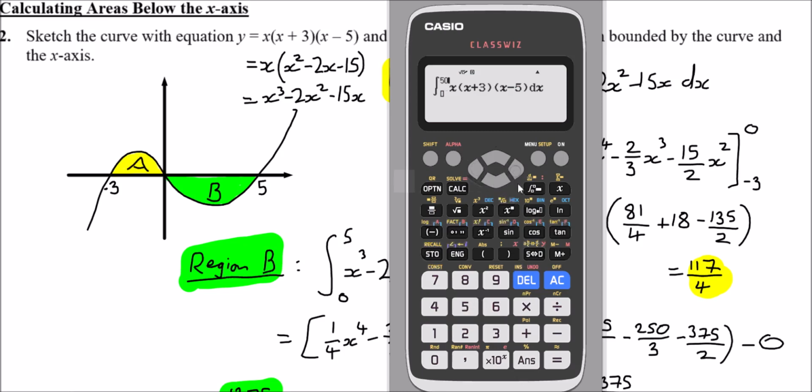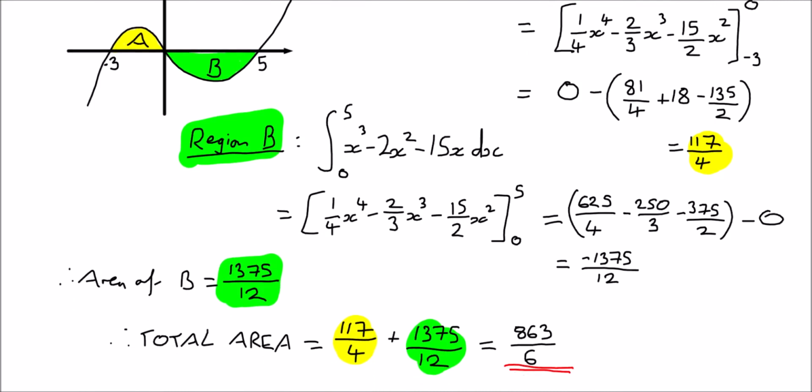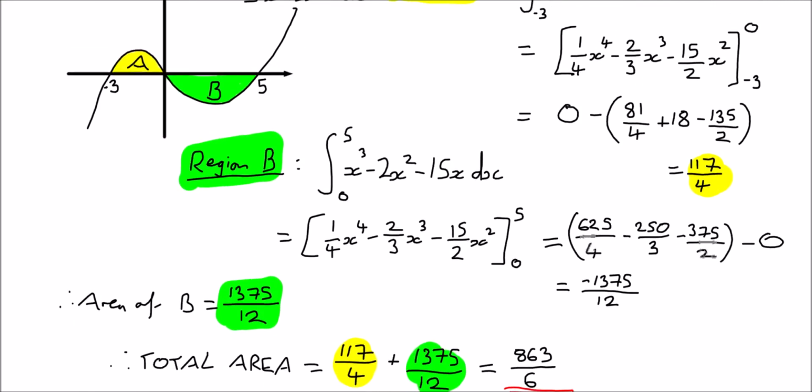So between 5 and 0, there we go. Now, you write this down, but make it positive. And then we do the first answer plus this positive answer to get the answer we needed. So again, with a Class Wiz, you can do it and it's easier, but it takes practice, you need to take care. Okay, so that's just a quick run through of how you work out negative regions, areas beneath the x-axis.